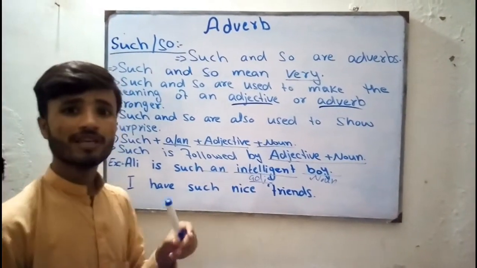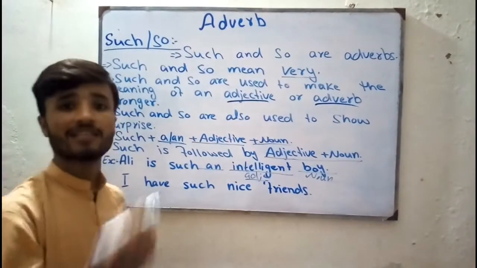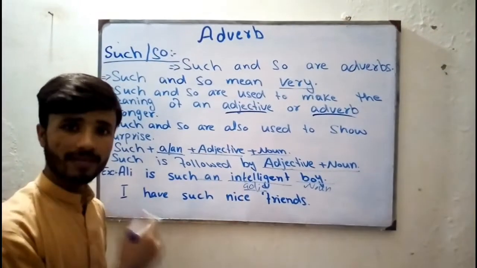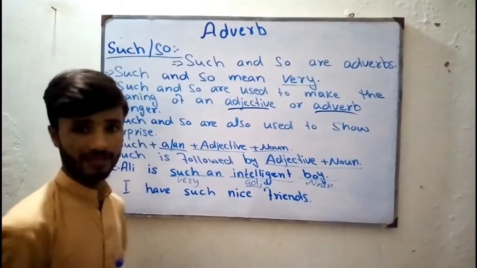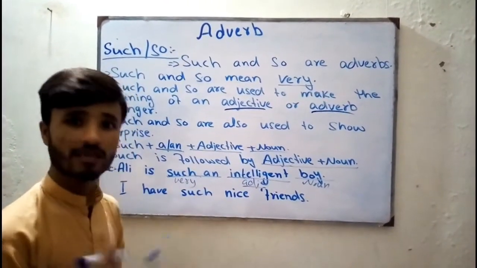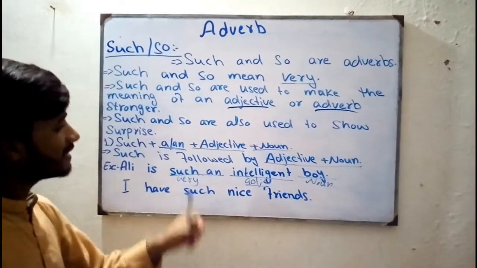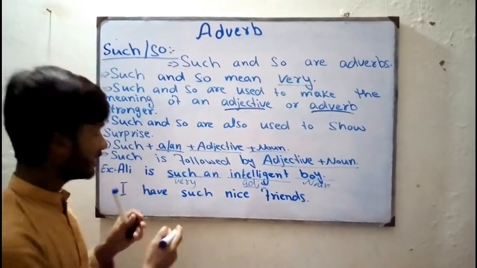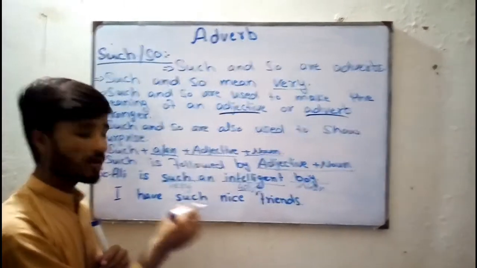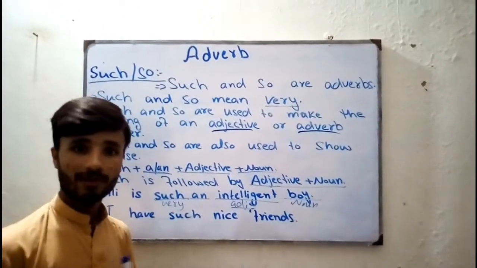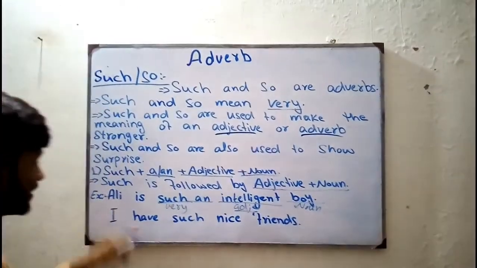So now what does it mean? It means that Ali is very intelligent boy. We can also say very, because such means very. If you want to say it like this, you can say it both ways. Ali is such an intelligent boy, or Ali is very intelligent boy. See the second example.